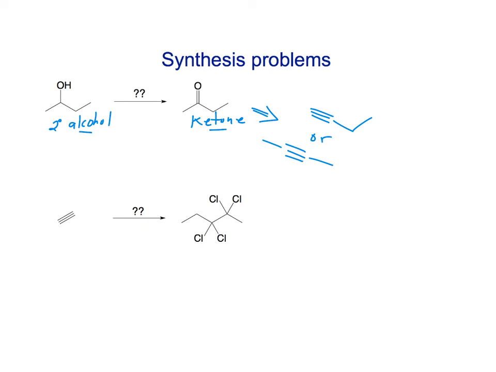Well, we have to get back to that secondary alcohol. So let's see, how could we do that? Let's try this one. We can get to that from, amongst other things, this vicinal dibromide. We can get to that from this alkene, and we get to there by a dehydration reaction.